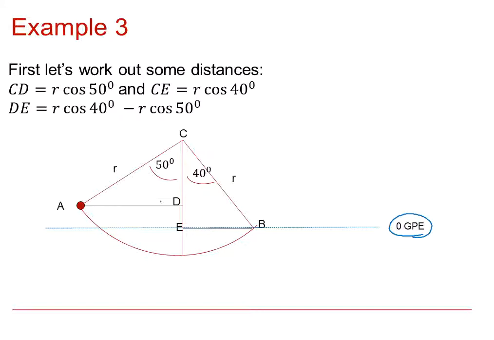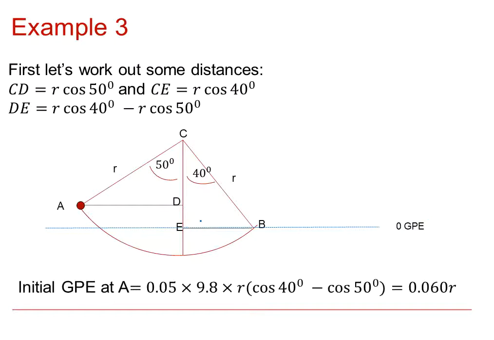We found the distance CD by doing trigonometry as r cos 50, and CE is r cos 40, and therefore the gap between them, which is what I'm interested in, is r cos 40 minus r cos 50. So the initial potential energy at A we can work out using mg times dE, which is 0.060 times r. That's our initial potential energy.